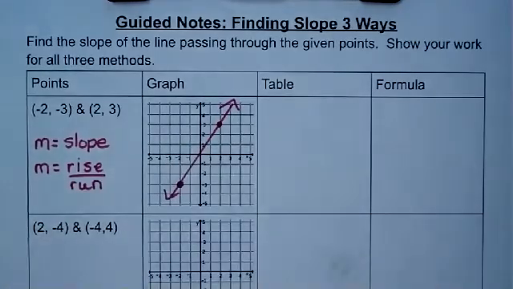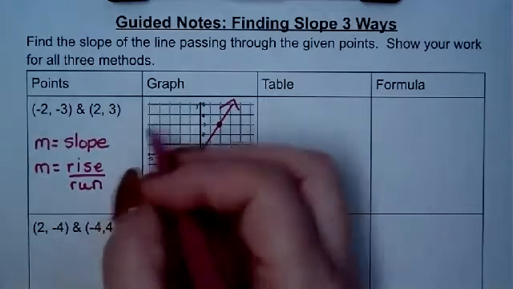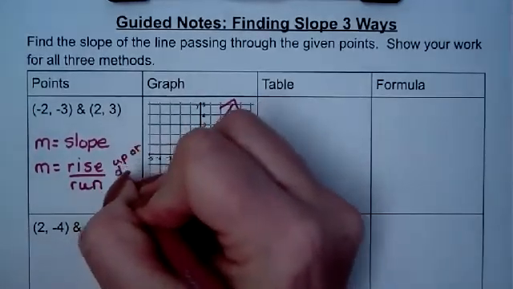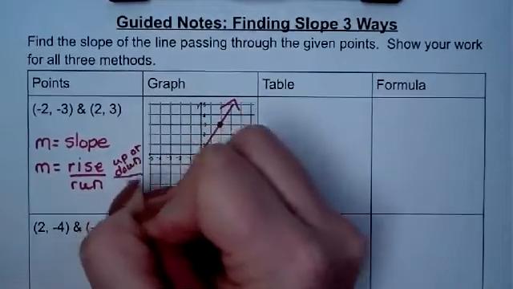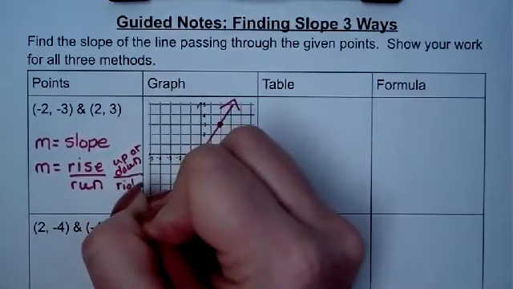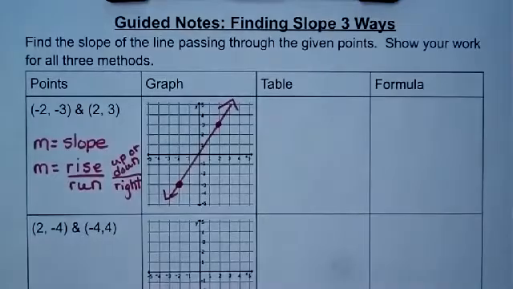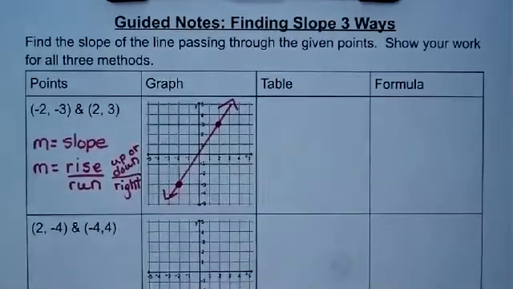Rise means how much you go up or down, and run means how much you're going to go to the right. And this is just a cute little way to remember it that some math teacher, years and years and years ago came up with.